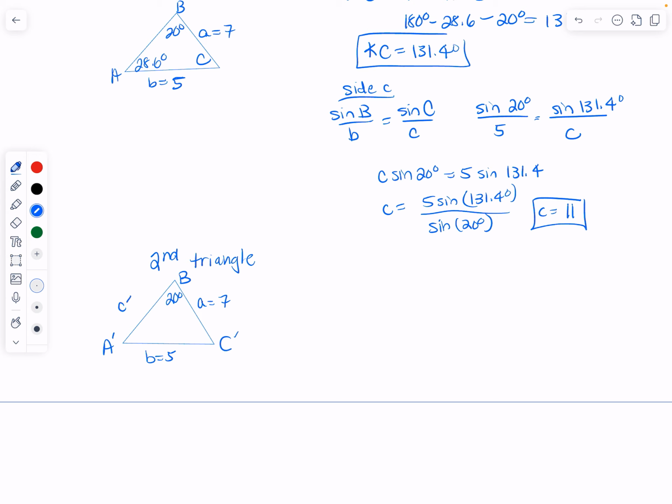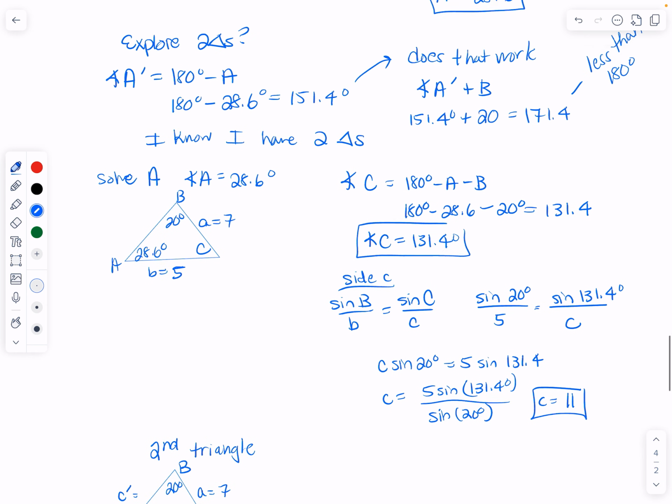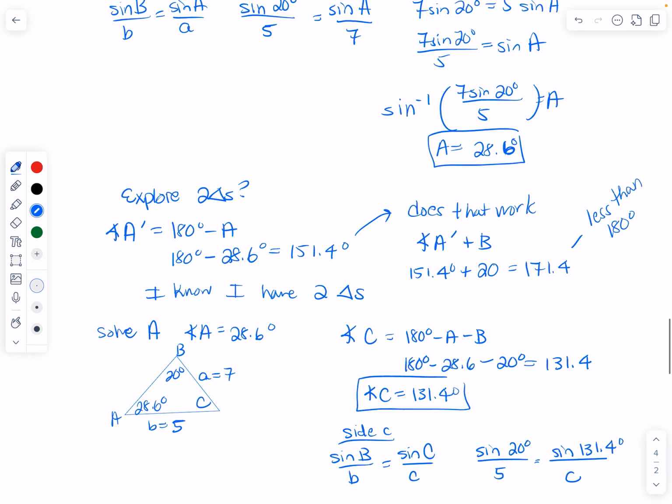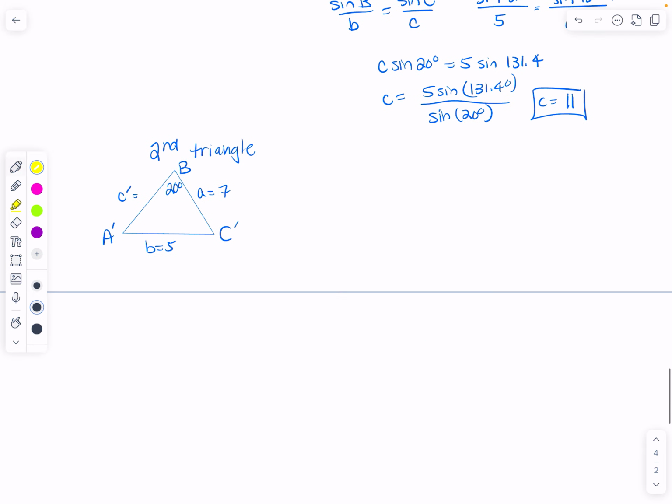Now I have to find side C prime, and I also have to find angle C prime. I did find angle A prime, which was up here, and it equals 151.4. So A prime is 151.4.